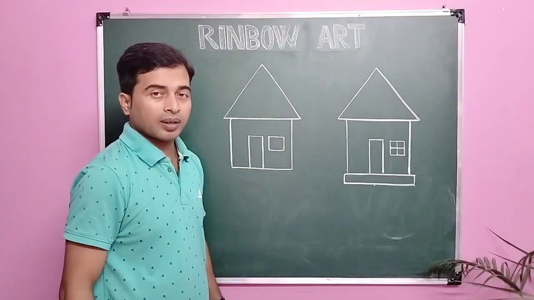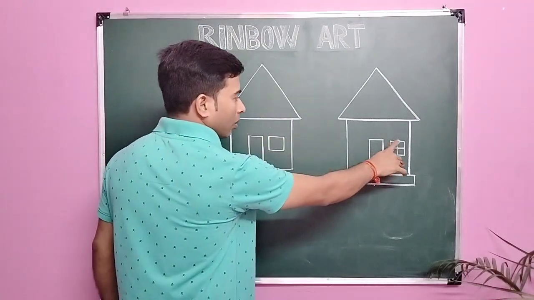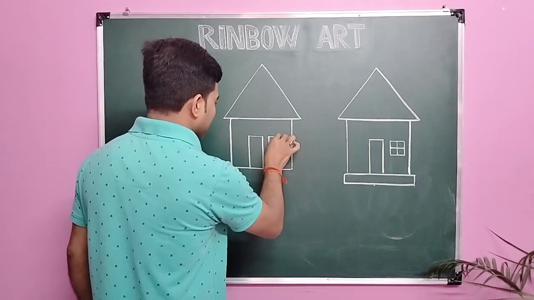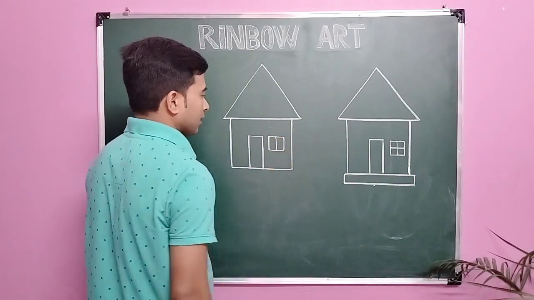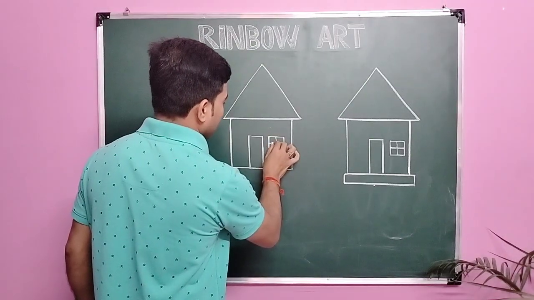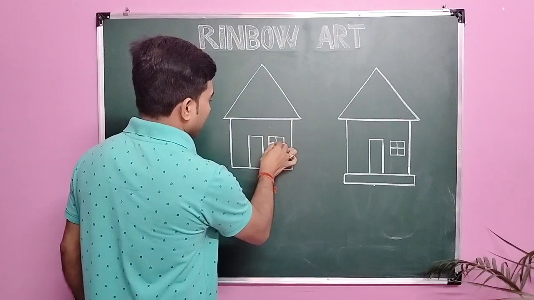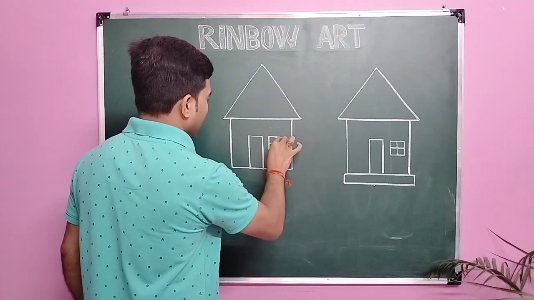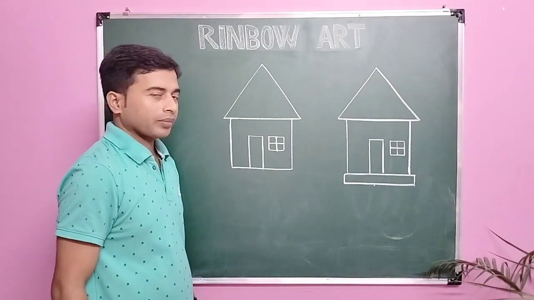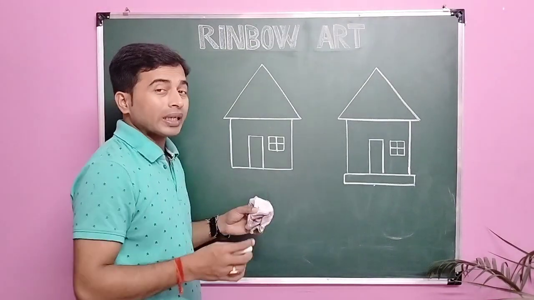Now here, in the middle, we will draw a standing line and a slipping line. See, like this we will make. Our house is almost ready, children.